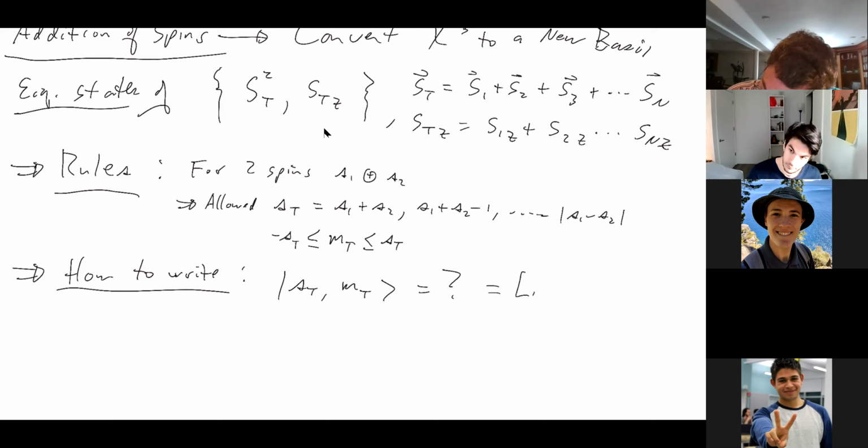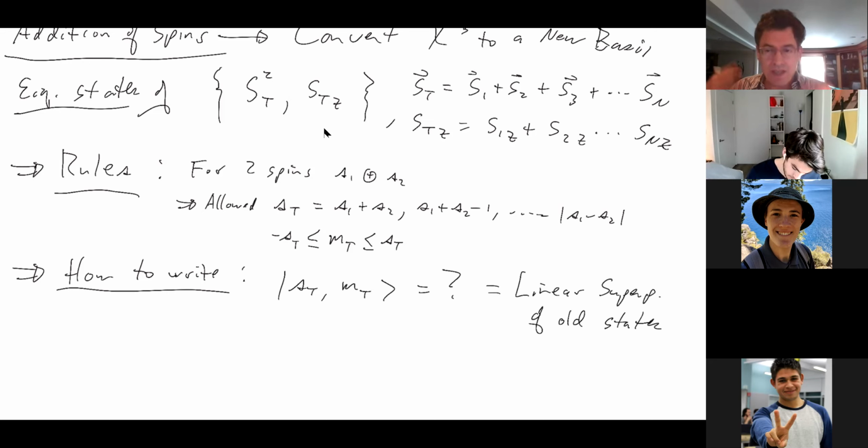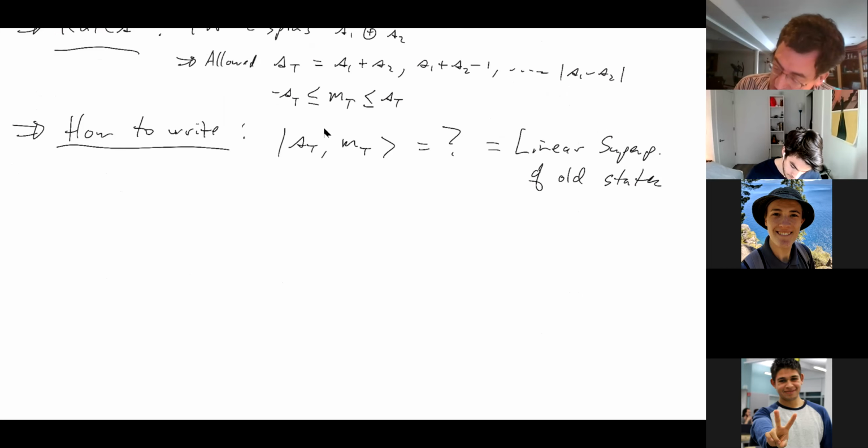It's a linear superposition of the old basis states. That's a general concept. Whenever you're converting in linear algebra from one basis set to another, the new basis set you write in terms of the old basis set. You've all done that, although you might not remember, but it's a common mathematical trick. That's how you change basis.